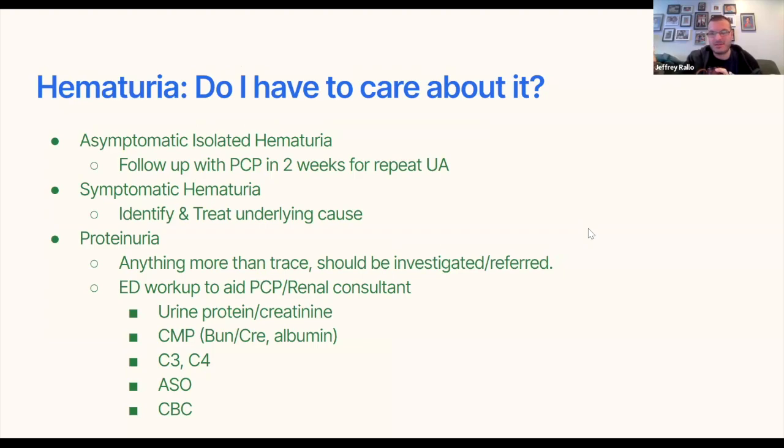But I mean, adolescents, if you're concerned for a stone, just scan them. As much as the peds people hem and haw about radiation, all of our patients fly like 5 times a year and get an incredible amount of radiation. So if you're concerned for a stone, feel free to scan them. Don't let the radiation threat scare you away from finding the stone if you have a medium or high suspicion for it.